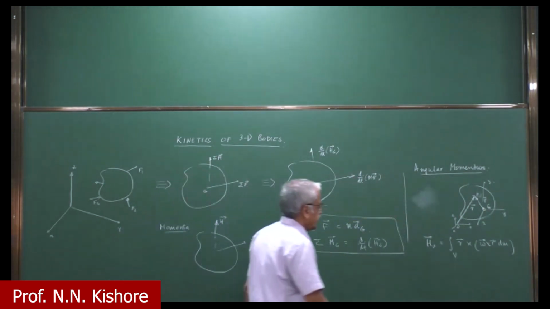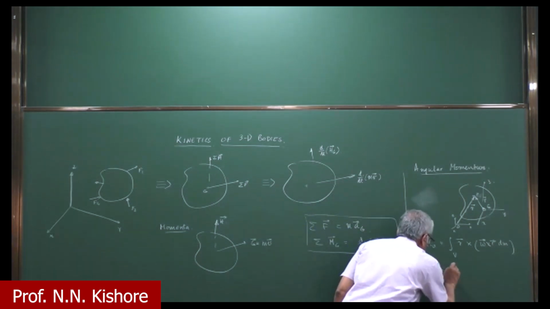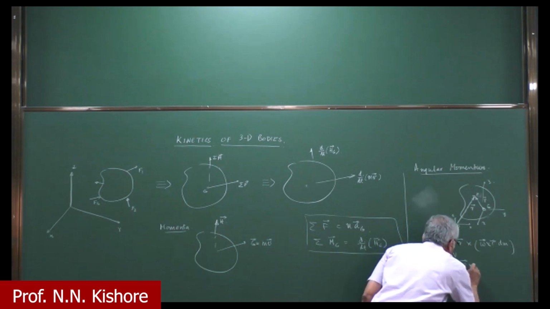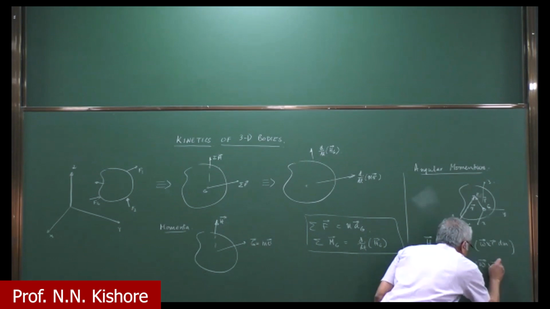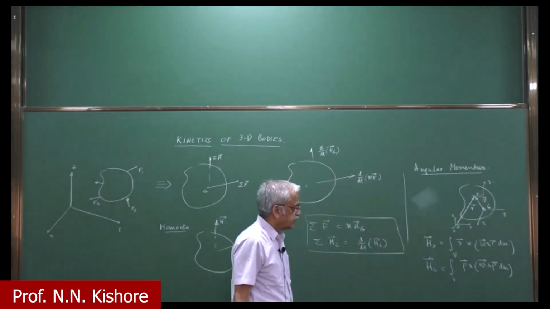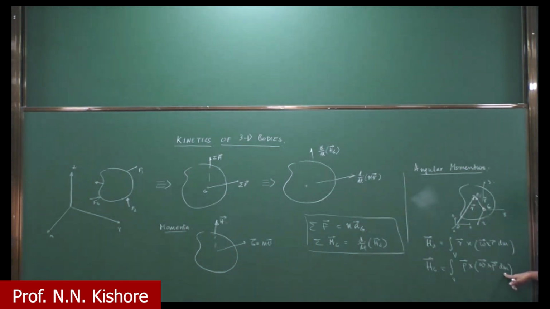In which case it simply becomes angular momentum about G. This is what we have done. So this is the linear momentum about G, because omega cross rho is the velocity and dm is the mass.